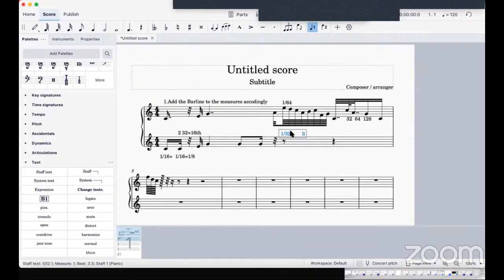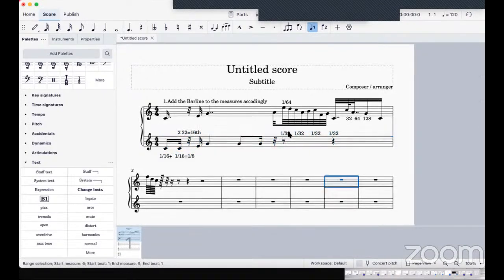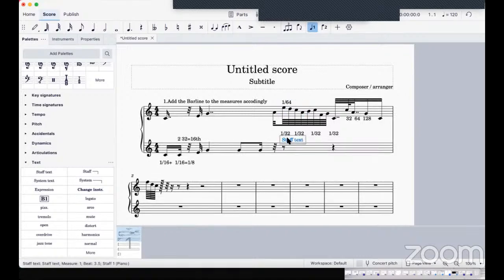Another 1/32, another 1/32. So 2 32nd notes is equal to a 1/16th note.